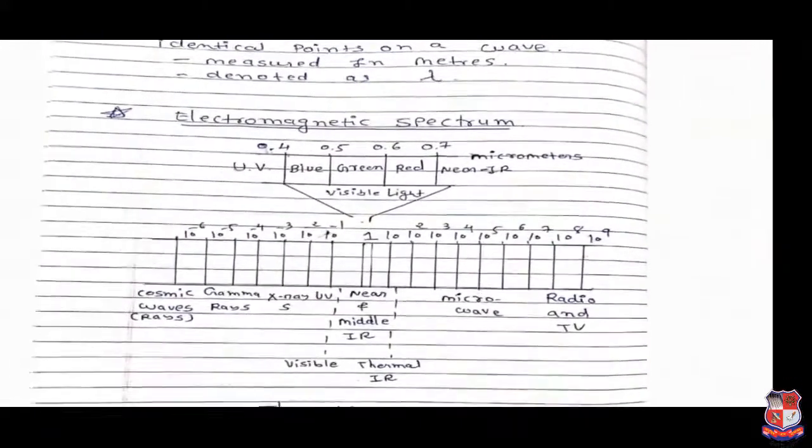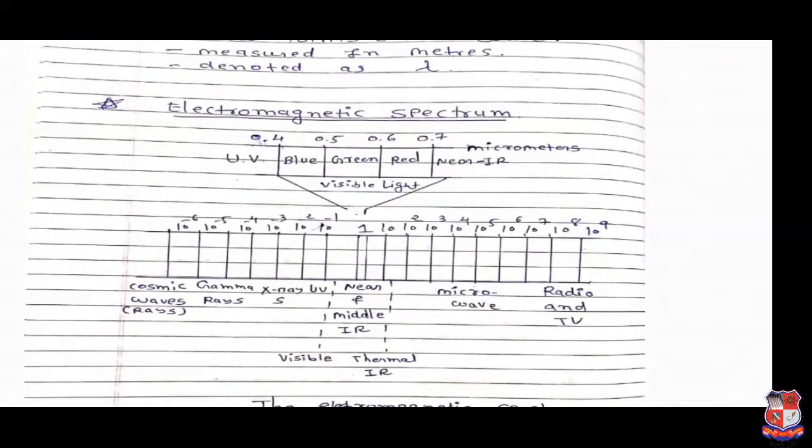Another topic is the electromagnetic spectrum. The figure shows the various waves that we have, and the frequency of each wave is listed here, from cosmic waves, gamma waves, X-rays to ultrasonic waves to visible, microwaves, and radio and TV waves, which have different frequency ranges and different wavelengths also.